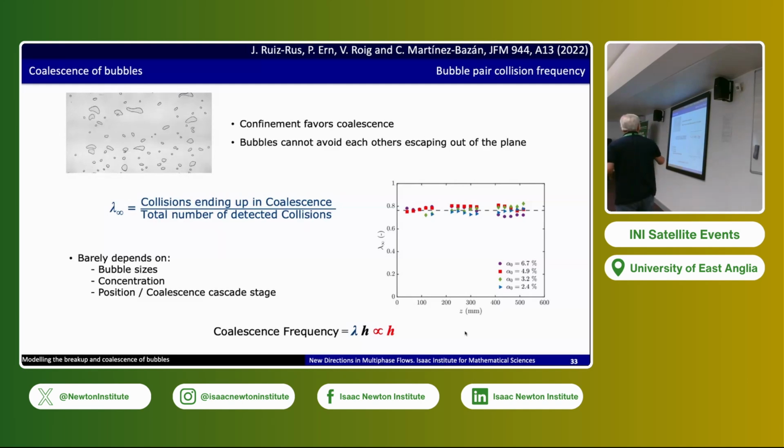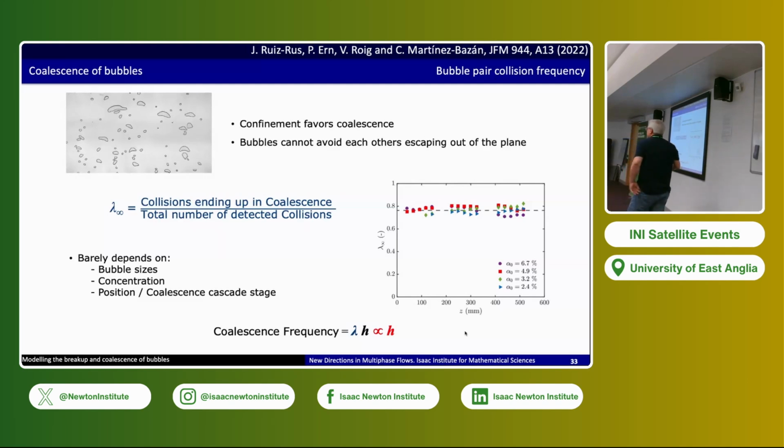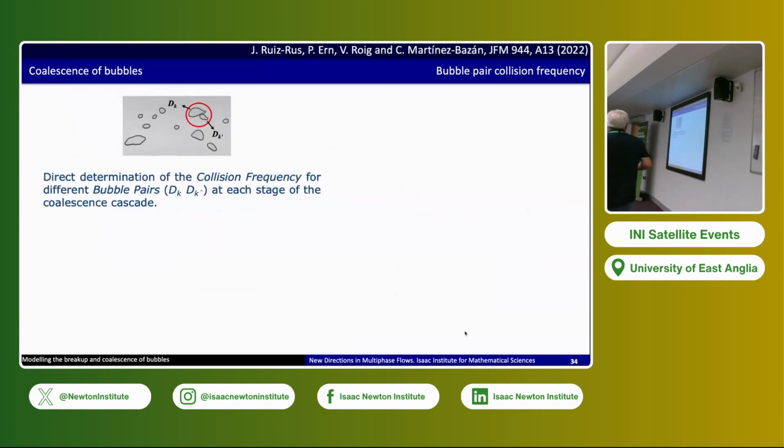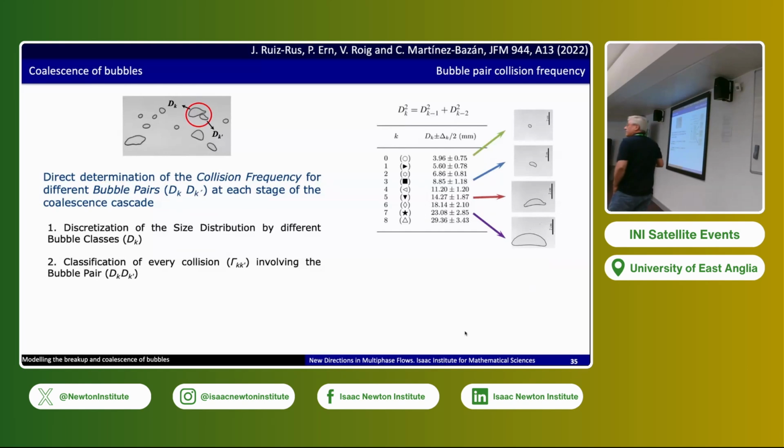So from now on, since we have the same collision efficiency, I will talk about coalescence frequency, or collision frequency, which is the same because this is a constant number. To obtain the coalescence frequency, as I said, we track the bubbles, follow them, and see if they collide with other bubbles and coalesce.